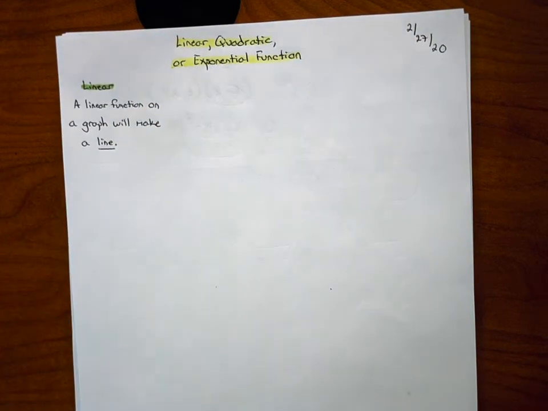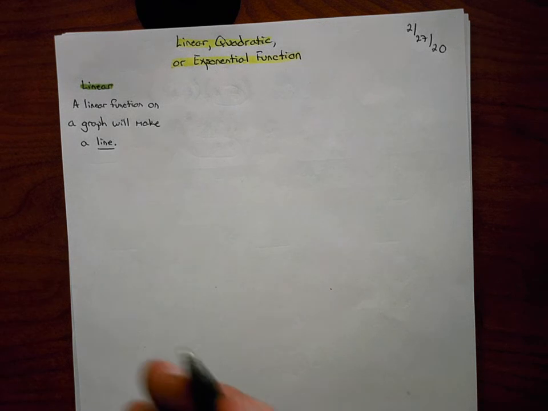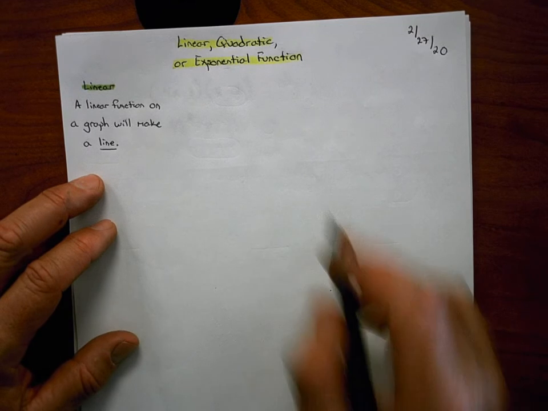And thank you very much for not yelling straight line. You don't need to say straight line. Lines are by definition straight. So a linear function on a graph will make a line.